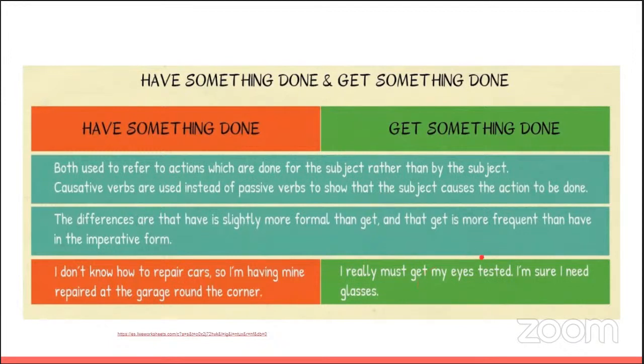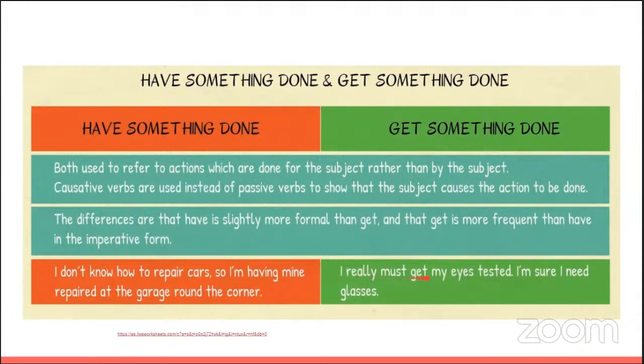Then as long as we use have or get in the present, it must be in the present, as you see here. But don't forget something very important: get is more frequently used in the imperative form. That's why here we are making a statement.